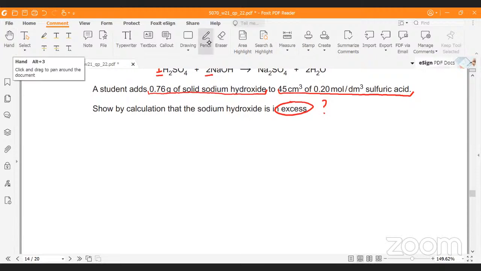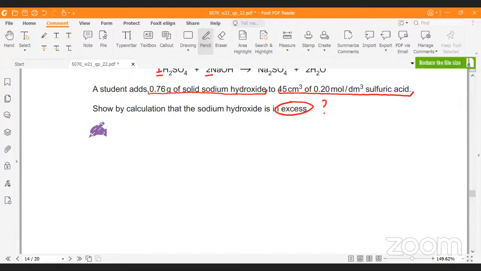Well, simply put, the first thing you should do immediately is take the information that they've given you and convert that mass, concentration, volume of a gas, whatever it is, into moles. So the first thing to do is, for each reagent, I'm going to first calculate the moles of each substance. So in the case of sodium hydroxide, I'm going to take that 0.76 that they've given me, and I'm going to divide it by the Mr of sodium hydroxide, which is 40, again 23 plus 16 plus 1.